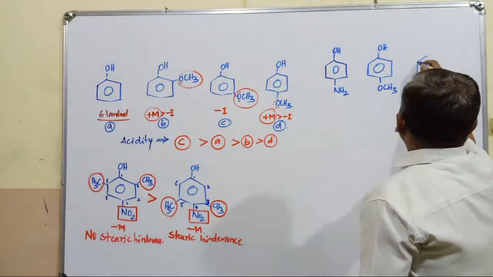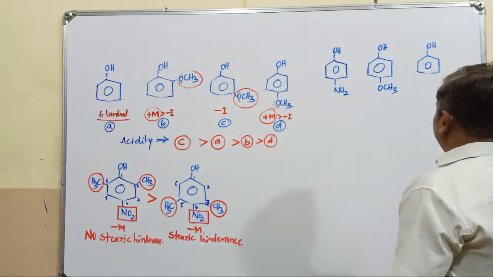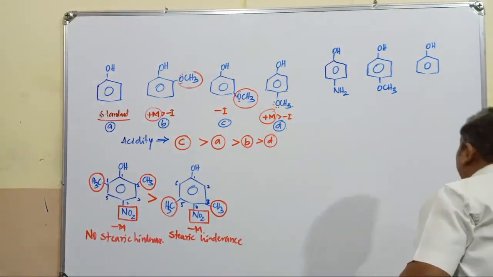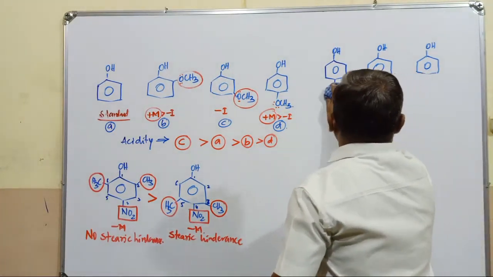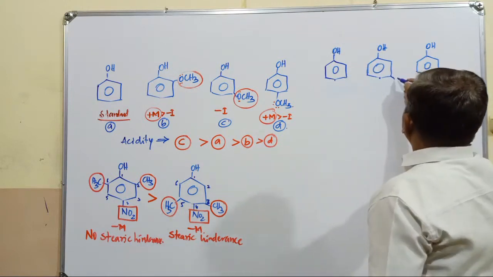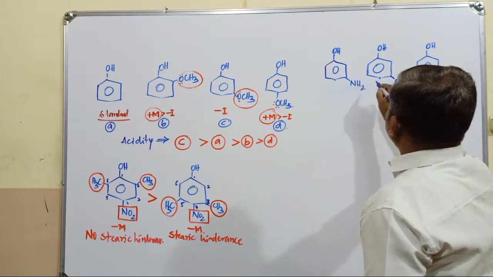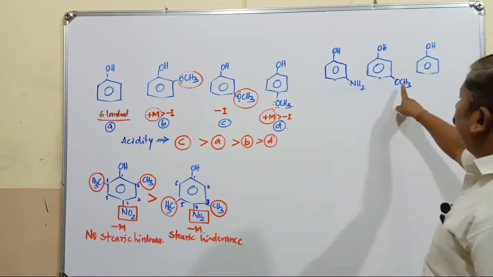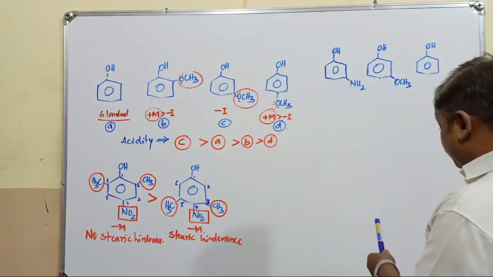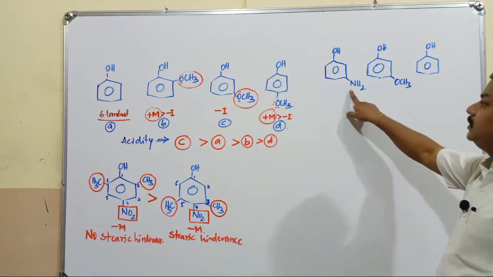And next compound, this is OH, and here it is going to be phenol, but instead of this one, I will write OCH3 here, and this is NH2. You can write OCH3 as well as NH2 at para position also, it makes no difference, but I will explain about this example.